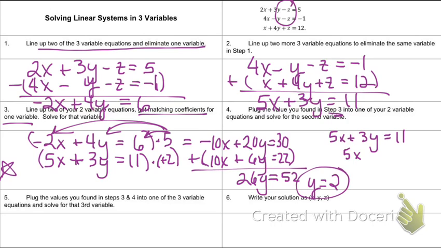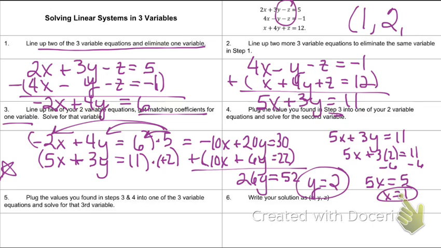So 5x plus 3 times 2 equals 11. So 5x plus 6 equals 11. So I'm going to subtract 6 from both sides. 5x equals 5. X equals 1. Okay, so far I have 1 for x, 2 for y.